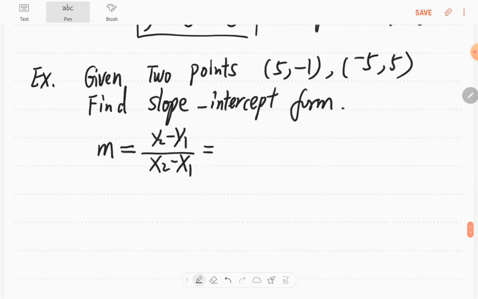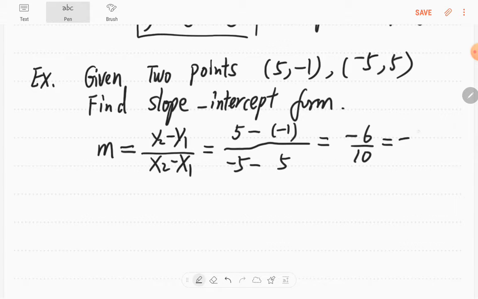The second point is x2 and y2, so it would be 5 minus negative 1, over negative 5 minus 5. So it becomes negative 6 over 10, which is negative 3 over 5. So this is our slope.